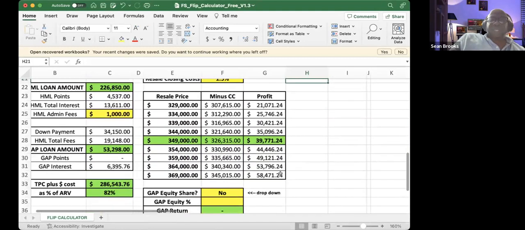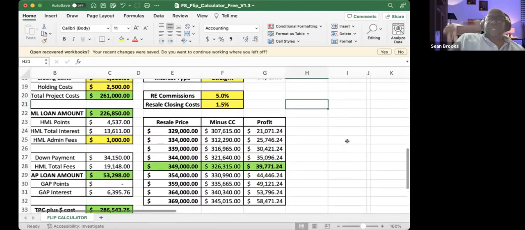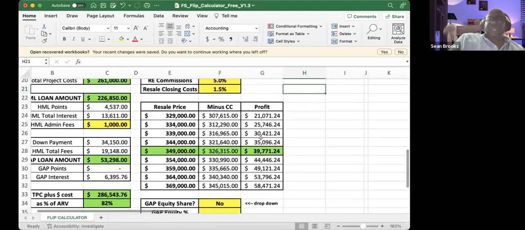So can you get into a transaction? Most likely, yes. 329 sale price, $21,000 profit. 334.25. So as you see, anywhere below that 34 is a no deal. So once you get here, that's what you have to sell it for.